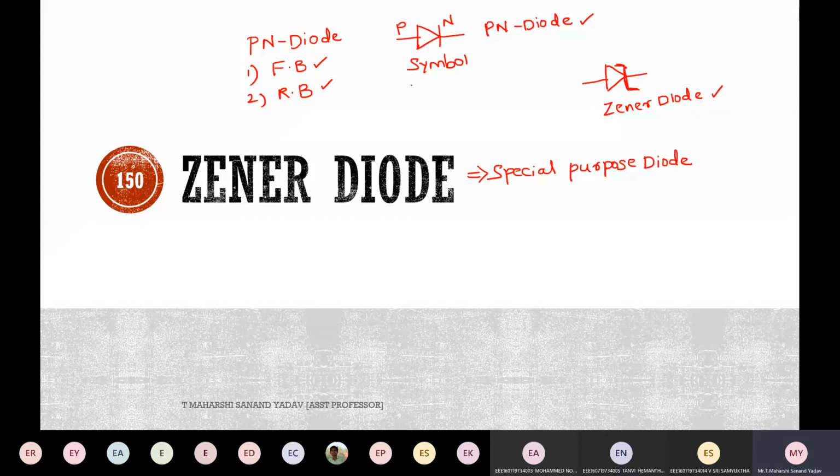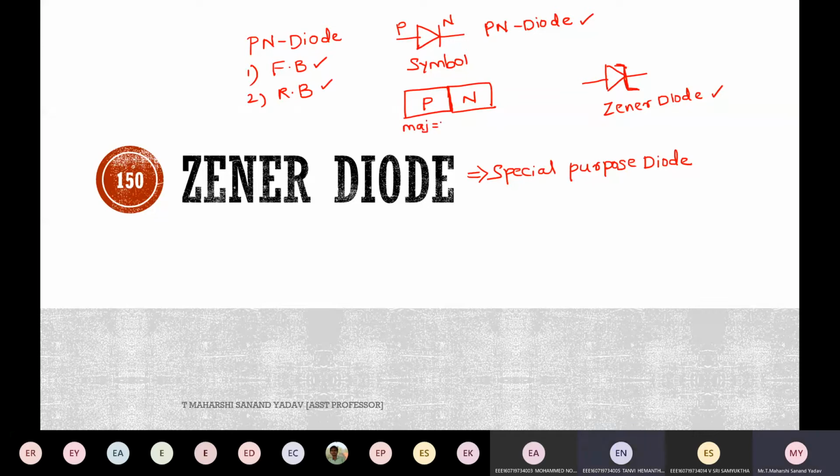So how did we make this PN diode? When P-type and N-type materials are joined together, here this is a line which is called the junction, right? And what are the majority and minority carriers in P-type?